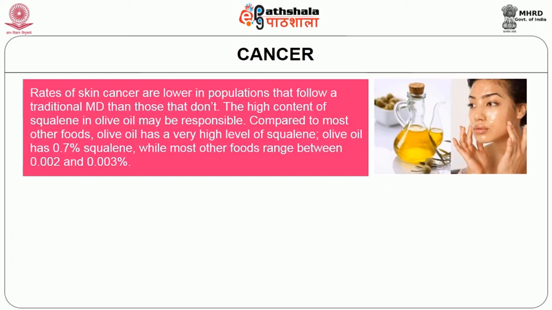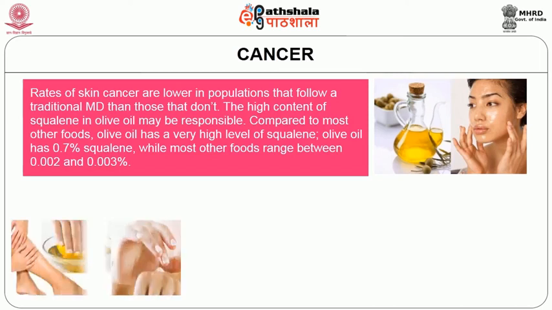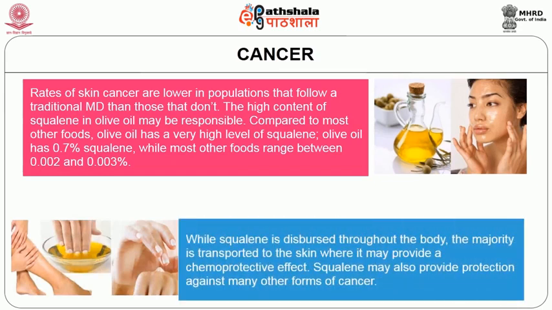Olive oil has 0.7%, while most other foods range between 0.002 and 0.003%. While squalene is dispersed throughout the body, the majority is transported to the skin, where it may provide a chemoprotective effect. Squalene may also provide protection against many other forms of cancer.